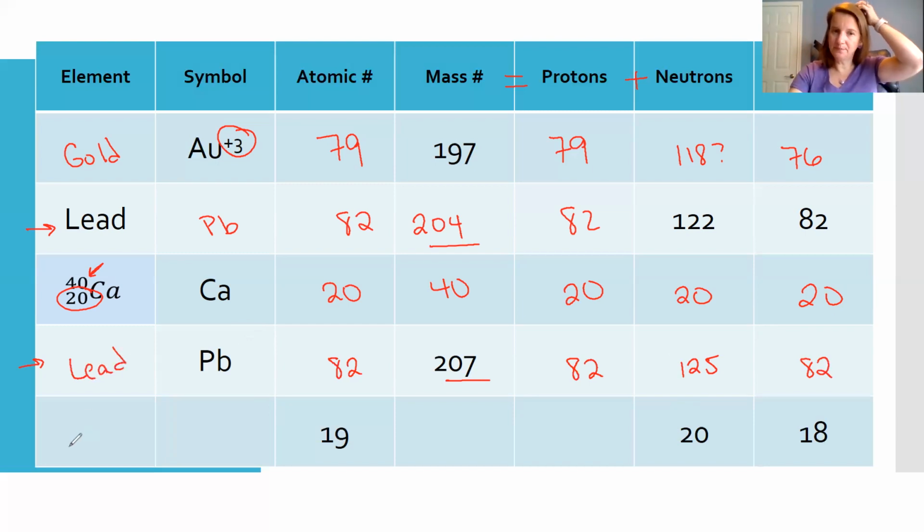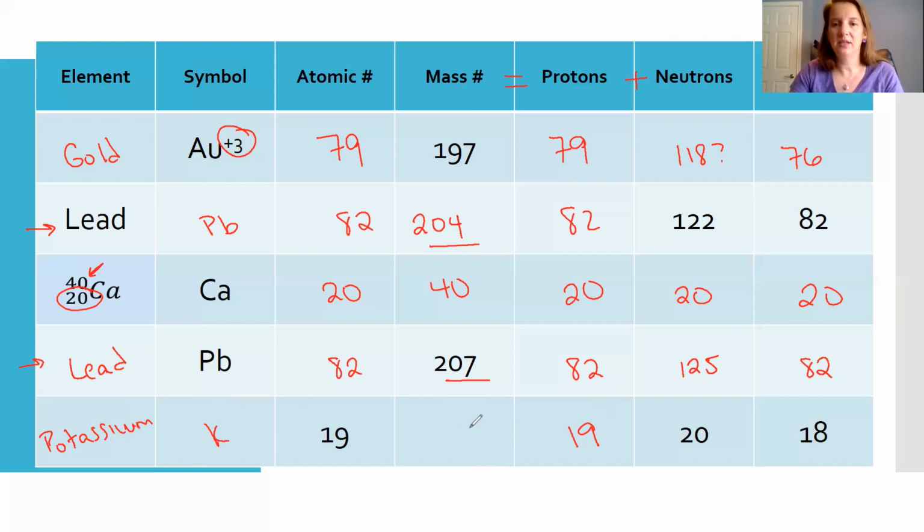Last example here, we have no element name or symbol, so let's look at this atomic number. It's going to tell us some information. When we look at the periodic table and look up the atomic number of 19, we see that this is potassium. So we know this is potassium, which is K. We can see that the protons are going to be 19 as well because the atomic number is always equal to the number of protons.